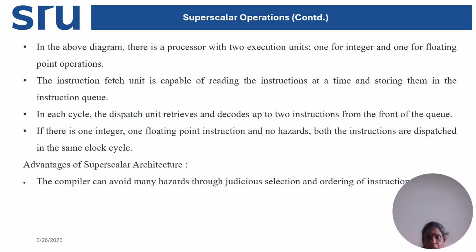So in the above diagram, there is a processor with two execution units, one for integer and another for floating point operation. The instruction fetch unit is capable of reading instructions and storing them in the instruction queue. So in the previous diagram, we have seen one block.